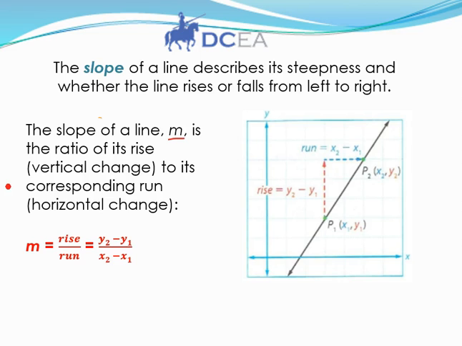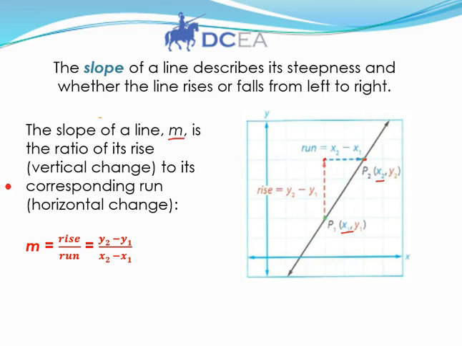So you have points P1 and P2. The run would be its horizontal change from this point to this point. This would be x2 minus x1.